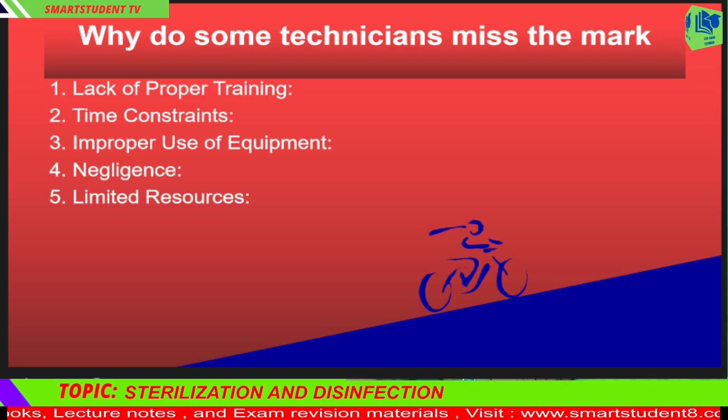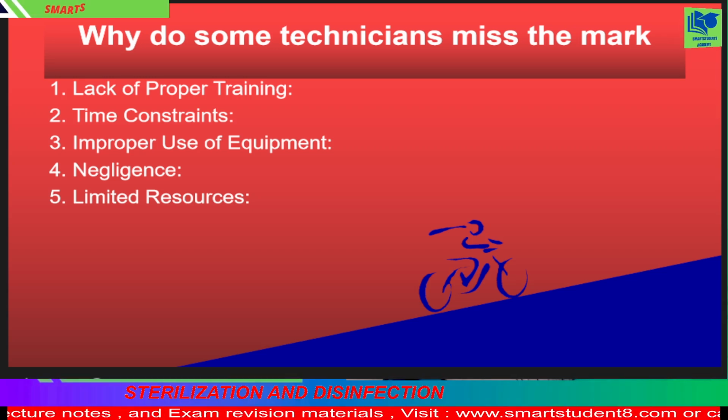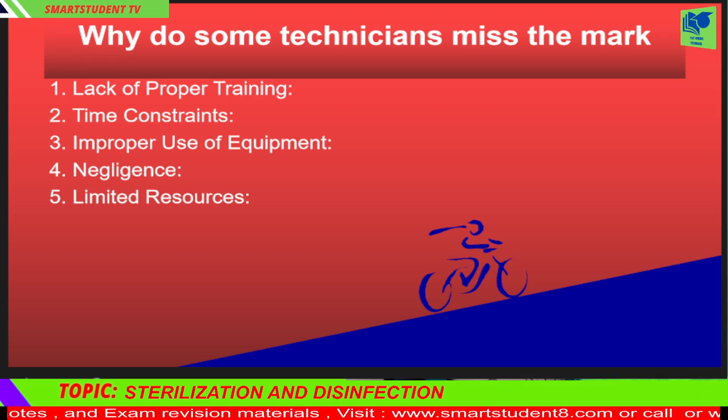Limited resources. Some laboratories may lack access to proper sterilization equipment, disinfectants, or maintenance services, making it challenging to perform effective sterilization. Each of these factors highlights the need for continuous training, better resource allocation, and stricter adherence to sterilization protocols to ensure laboratory safety and efficiency.